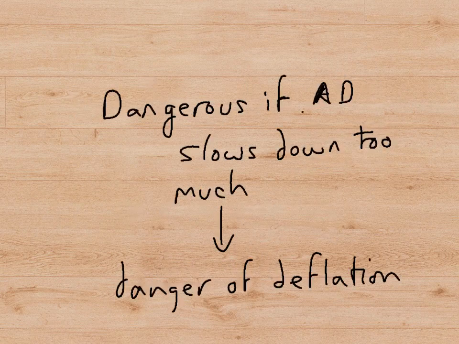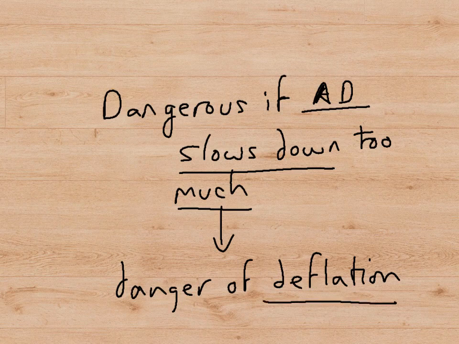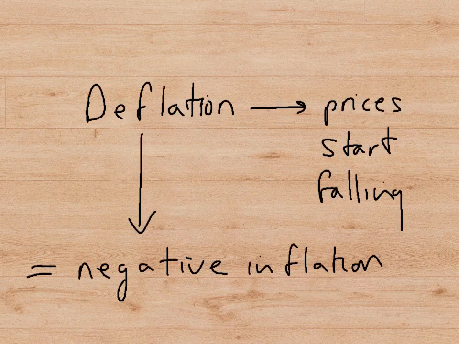And if aggregate demand slows down too much, there is an even bigger danger, which is the danger that low inflation will turn to deflation. So instead of prices going up very slowly, deflation is a situation where prices actually start to fall.